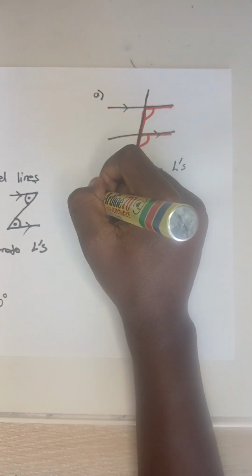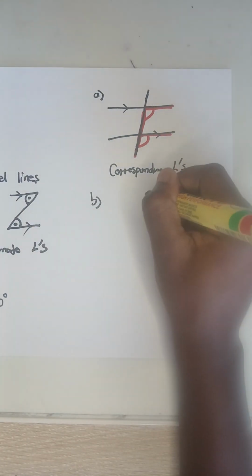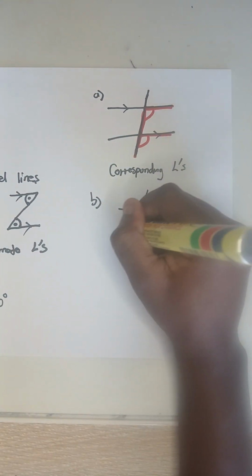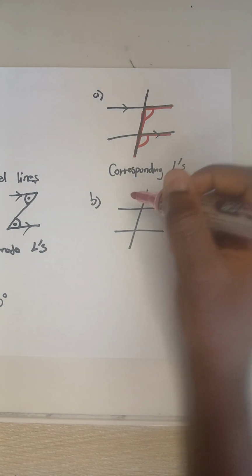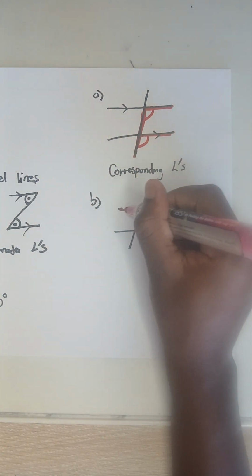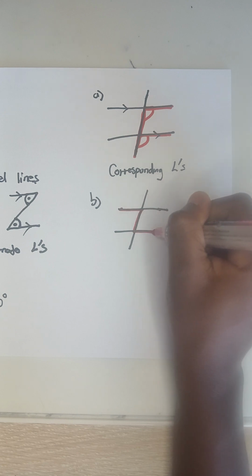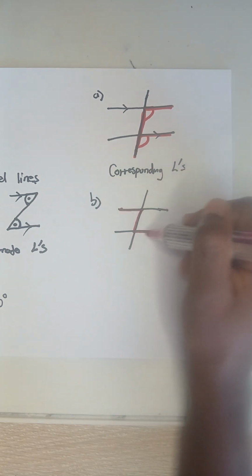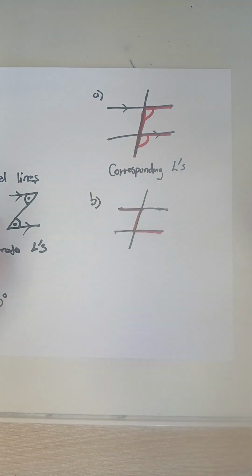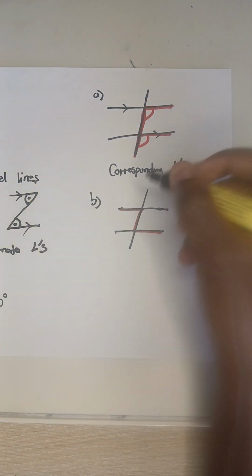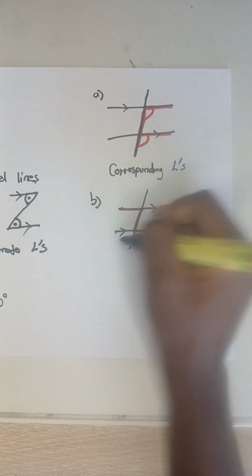Number 2, we have alternate angles. Those ones we can see by the Z shape. It can be like this, it can be like this. Anyway, as long as these lines are parallel.